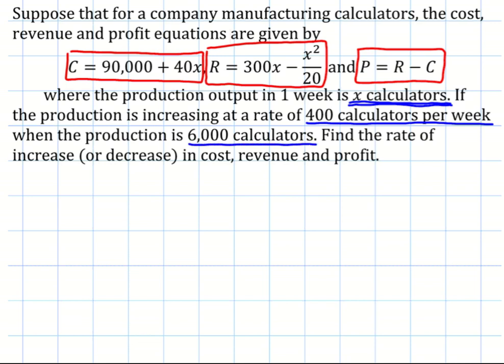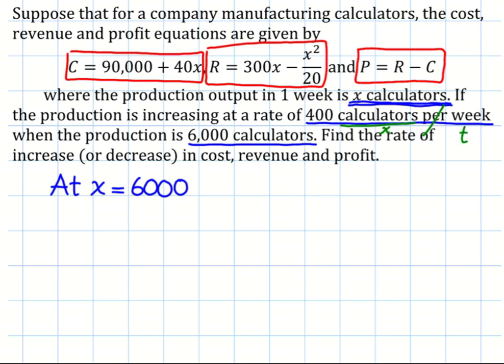So x is the number of calculators, so here we have x is equal to 6,000. And then notice we have 400 calculators. The number of calculators is x, per meaning divide, and week is a unit of time.